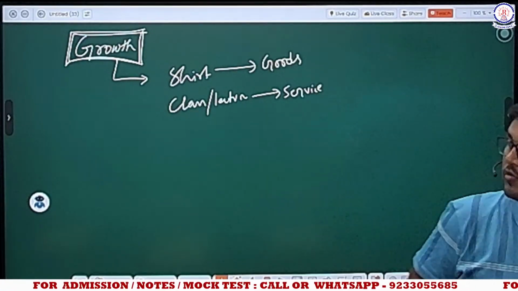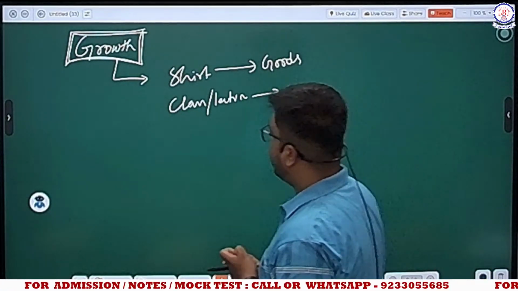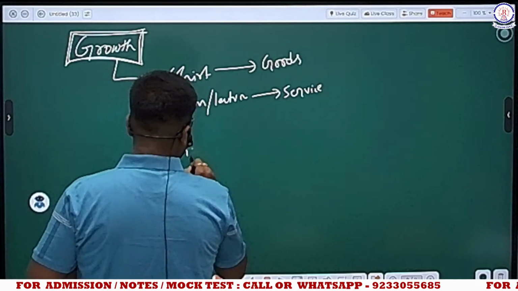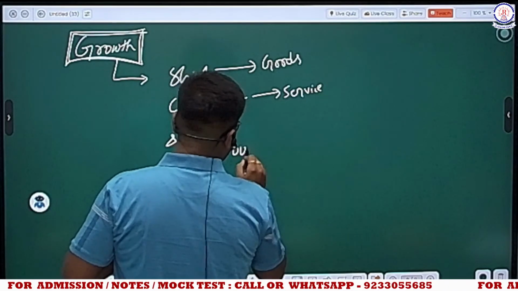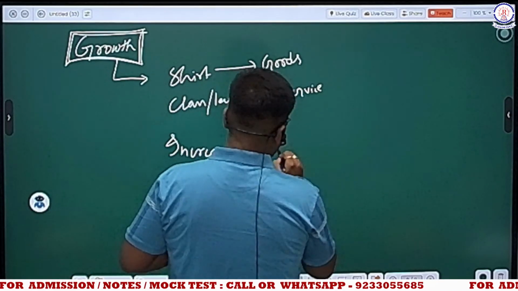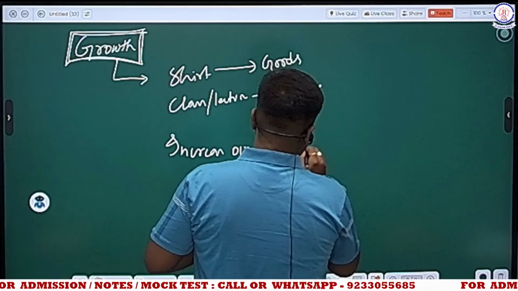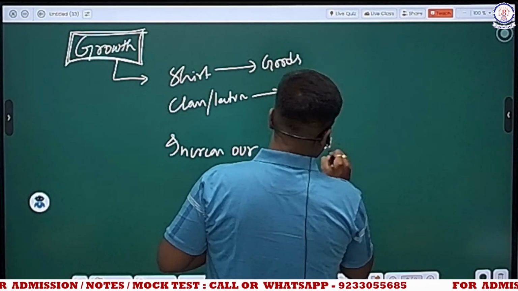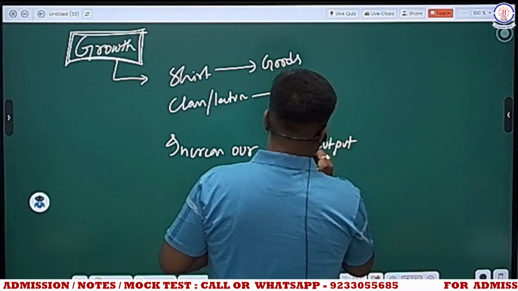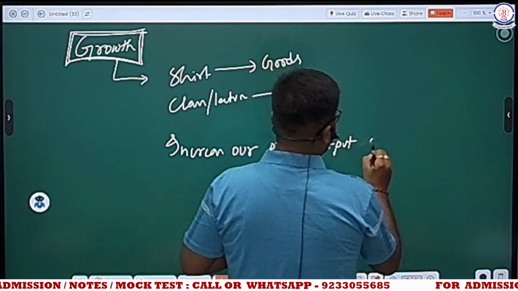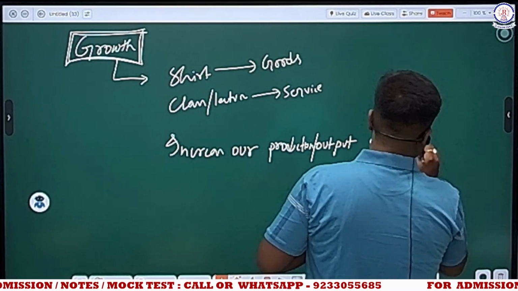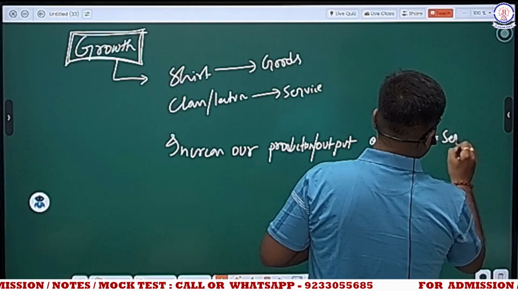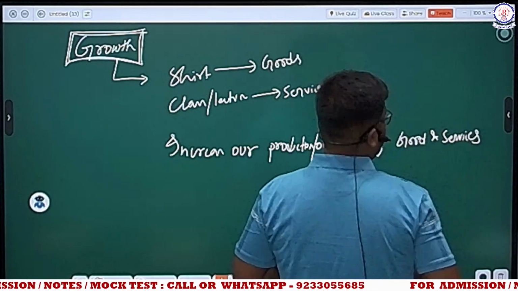Understood? For growth to happen, we have to increase our production or output of goods and services.